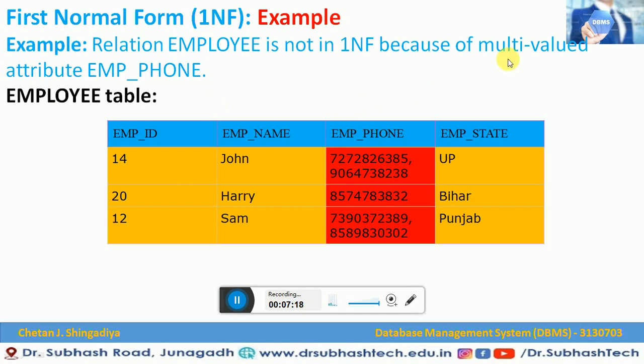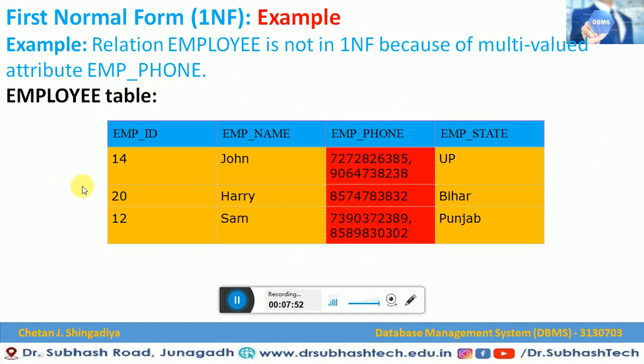But here the employee phone attribute contains multi-valued attributes. That means the employee has 2 phone numbers, and that is not allowed. So we can say that the relation employee is not in first normal form because of the multi-valued attribute employee phone. This is a violation of the first normal form rule.